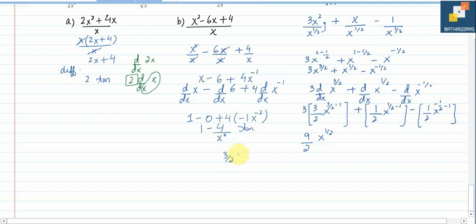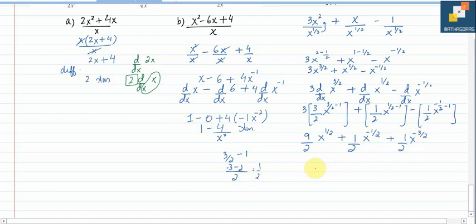3 upon 2 minus 1, that means LCM is 2, so it's 3 minus 2, 1 upon 2. Similarly, plus 1 upon 2 x power 1 upon 2 minus 1 is minus 1 upon 2, and the last one, minus plus 1 upon 2 x power minus 1 upon 2 minus 1, is minus 3 divided by 2.